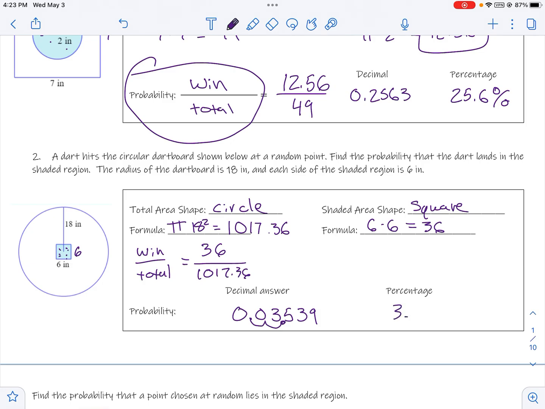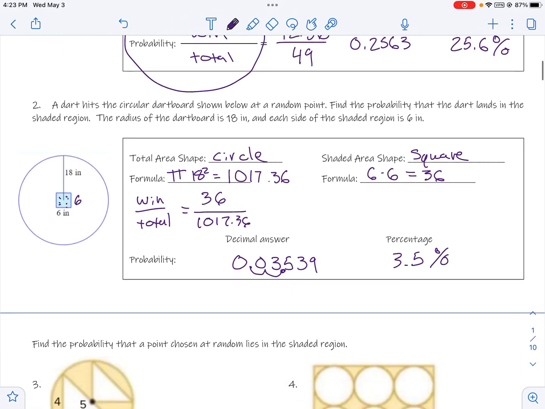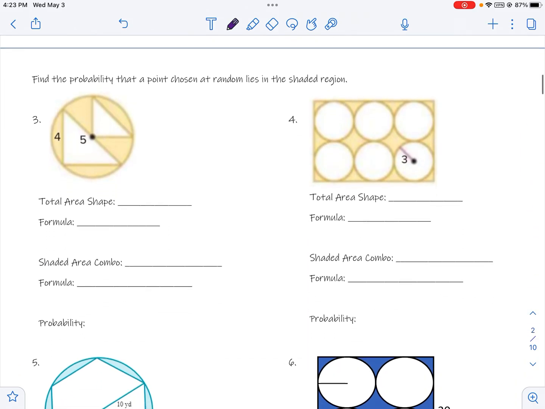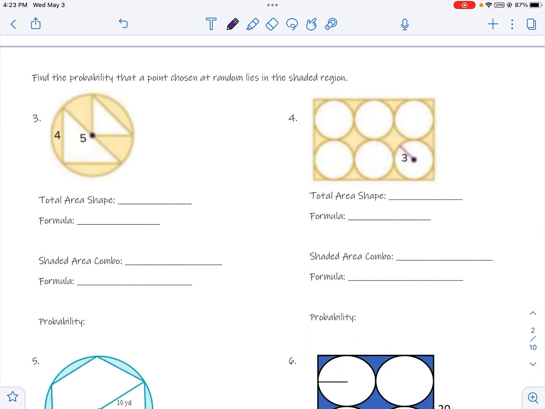So it'll be 3.5. I'll just keep it like that, percent for now. Which, if you look at the picture, it looks about right. 3.5% seems good. It's a pretty small area to hit. So you can always kind of gauge it from that.